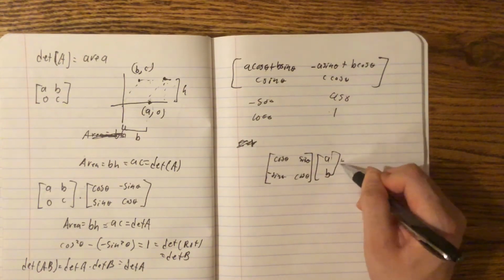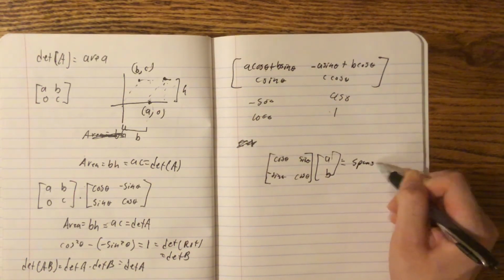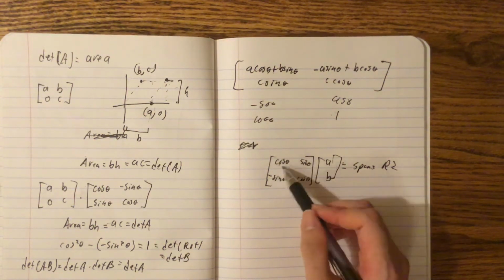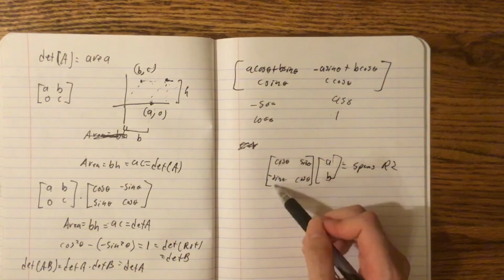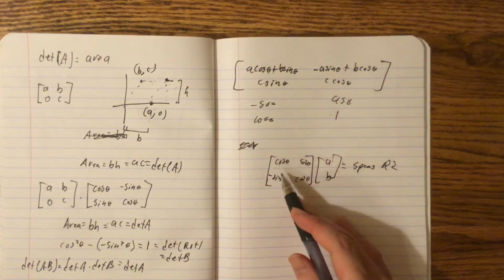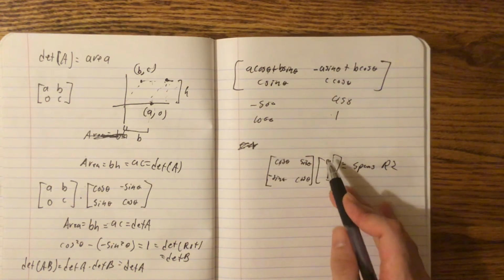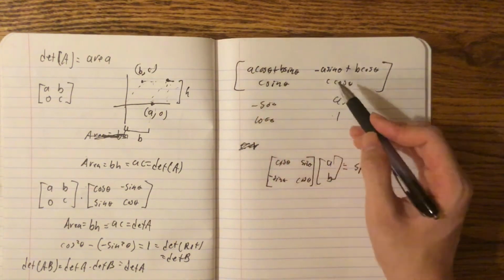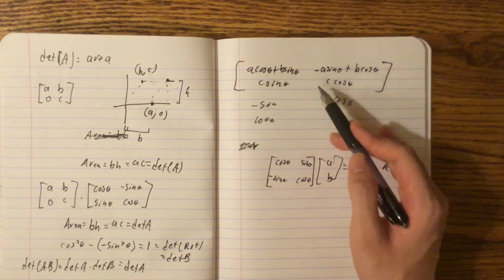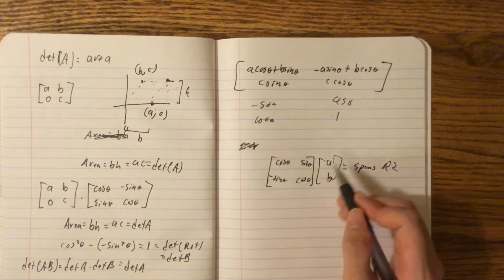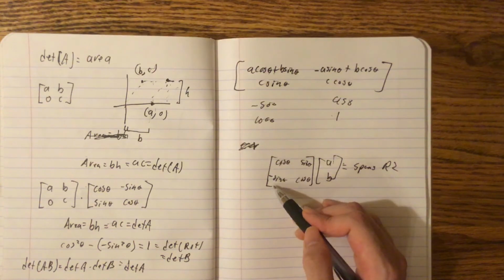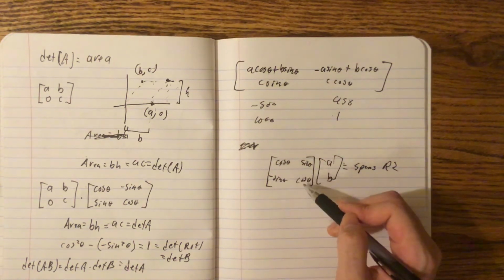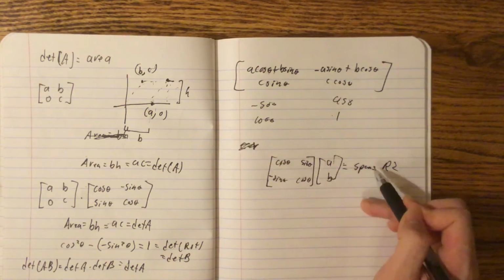So this matrix spans R2, because no matter what value of theta, these are going to be independent columns. If they're independent columns, then they span R2. And remember, A and B are still variables. We decide what C and sine theta are, so we assume cos theta, sine theta and C are constant, but A, B are variables. Now, if this row is a constant, this row is a constant, however, these constants are independent of each other, and these are variables, then this spans R2.